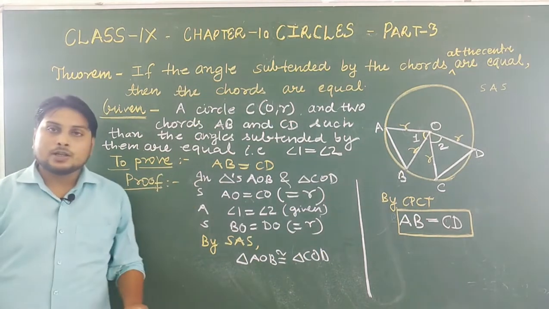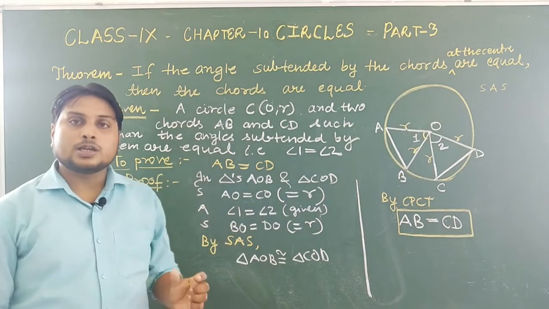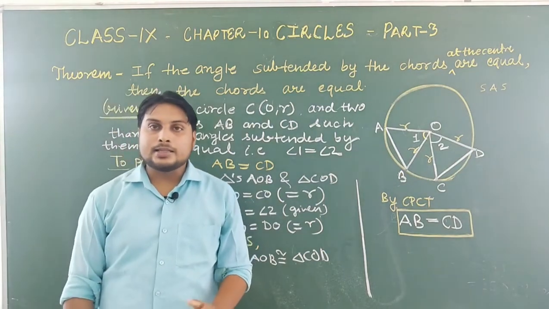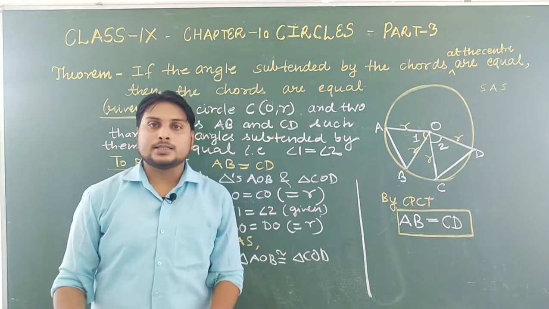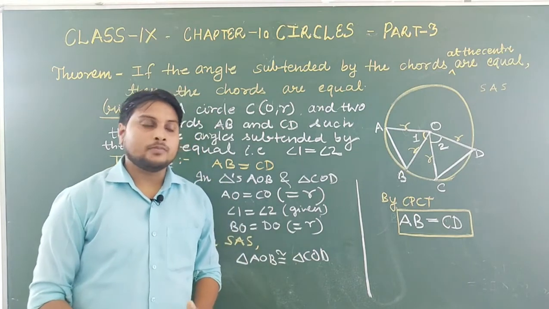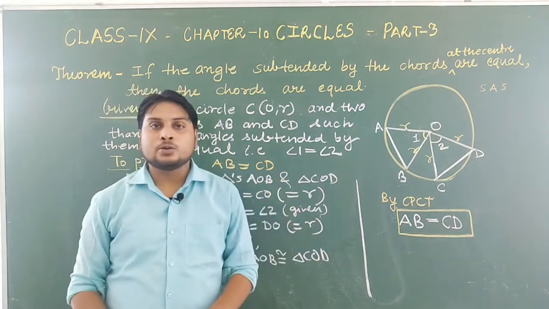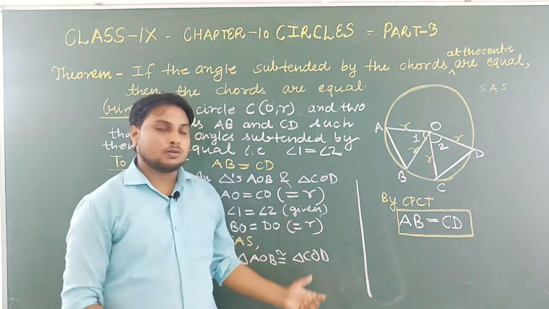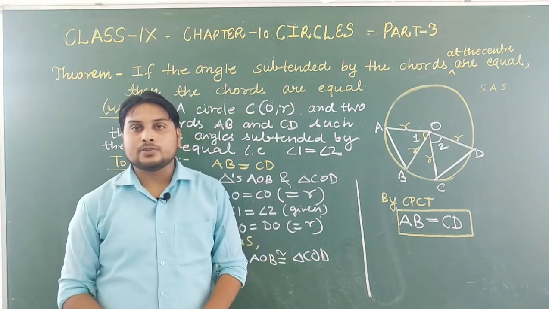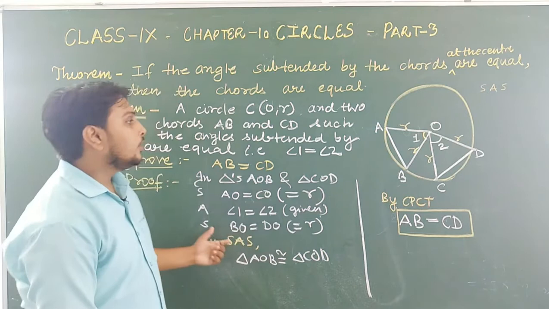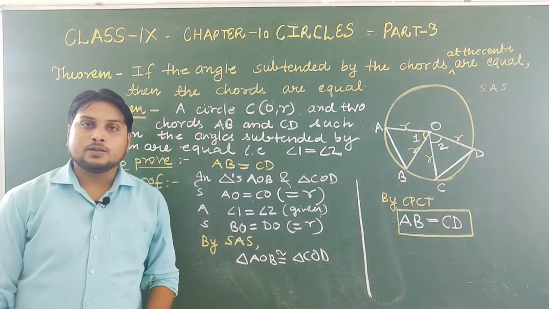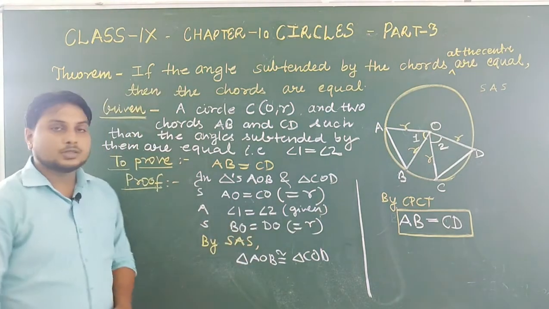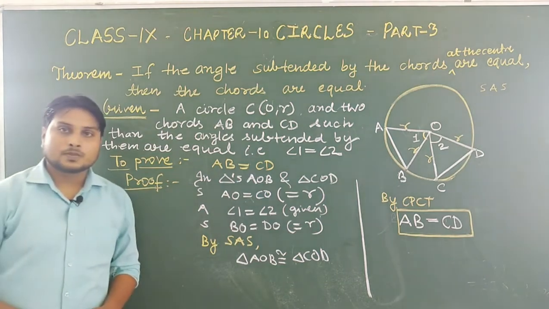The difference is what? In the last theorem we used the criterion side, and this time we use the criterion side angle side. But the concept is the same: firstly we have to show that the two triangles are congruent, and then by CPCT we prove that their corresponding parts are equal. Okay, so now students, you can pause the video and note it down.